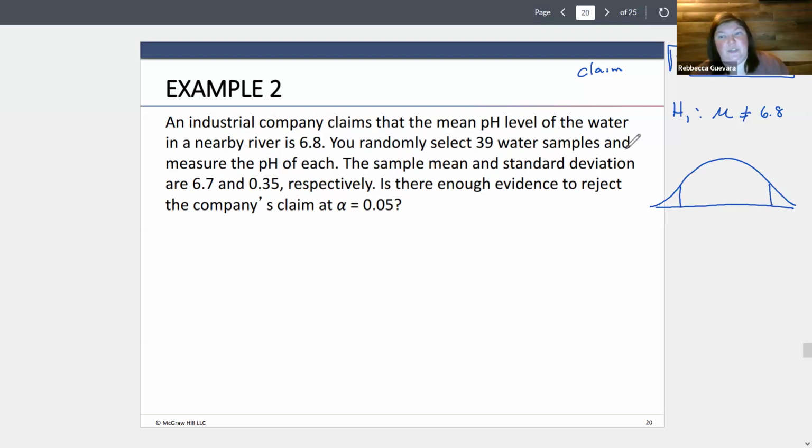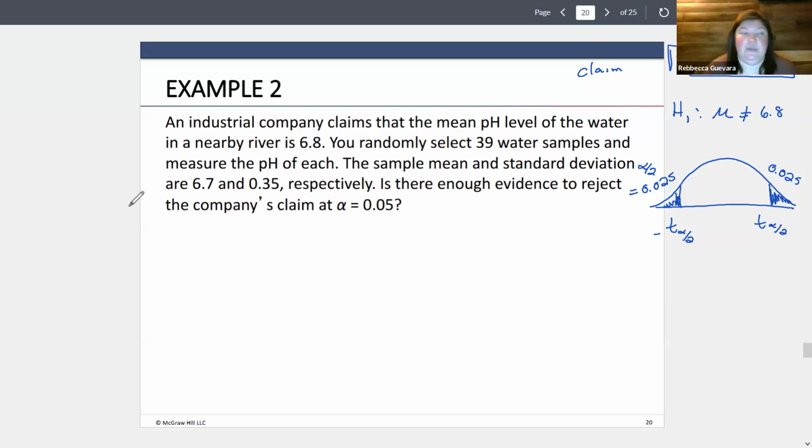If alpha is 5%, that means half of alpha is in each tail. So this is going to be 0.025 here and 0.025 here. And we want to know what marks these boundaries for us, because those boundaries are going to be my critical regions.